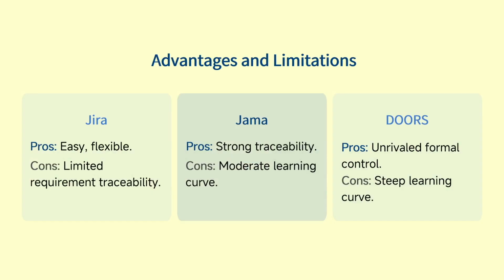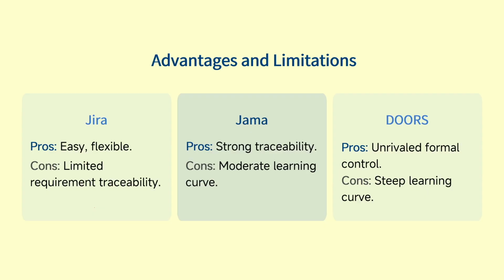So the advantages and limitations. So Jira is easy and flexible, but the limitation is that it is having very limited requirement traceability. When we come to JAMA, it has strong traceability, but there is a very limited learning curve. So traceability alone is okay, but only with requirements management we cannot go further in identifying what exactly happens in that software.